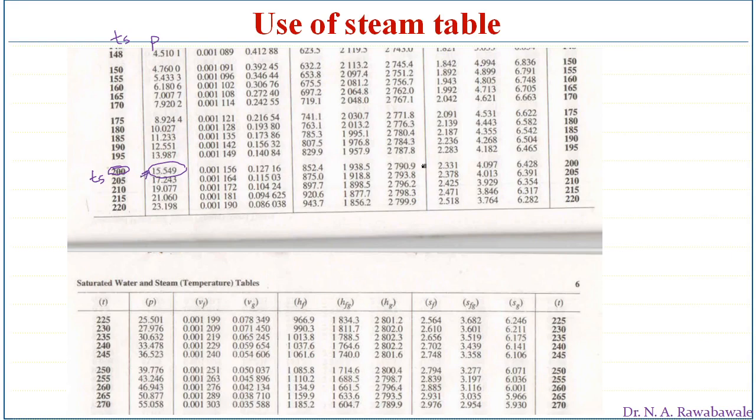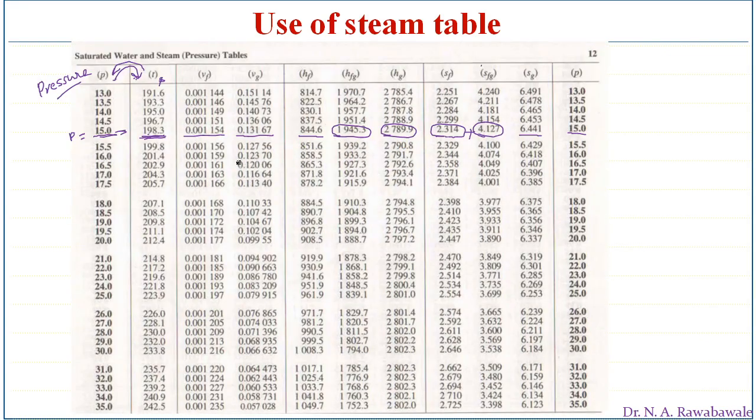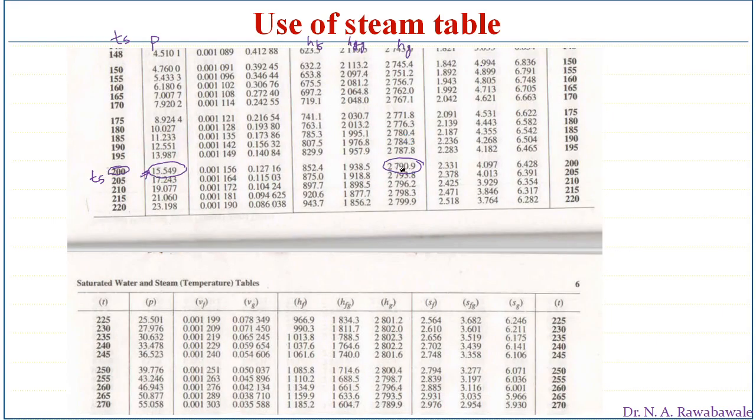If we consider the Hg value at saturation temperature 200 degrees Celsius, it is 2790, and here also it is 2789. So approximately the same values we will get.